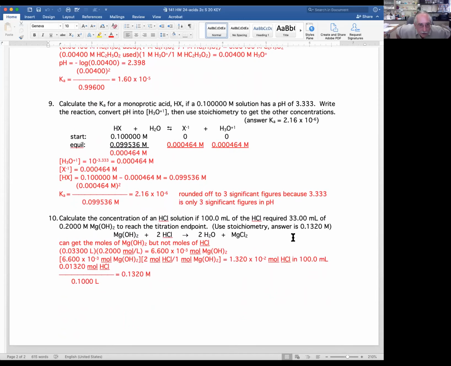So here's another one like that. Calculate the equilibrium constant for an acid. And in this case, I was being a little bit more tricky. I'm giving you the pH of that solution. What does that do for you? Well, the pH can be directly converted into the hydronium ion concentration. That's how I got that.